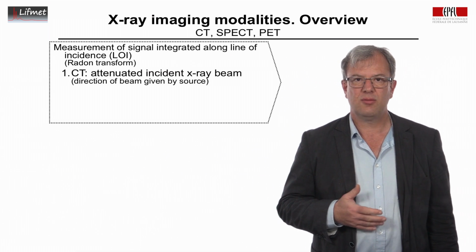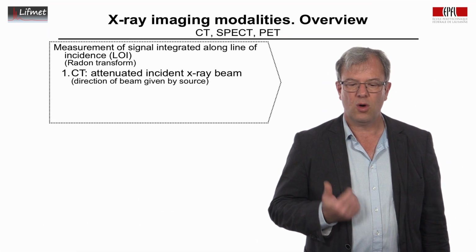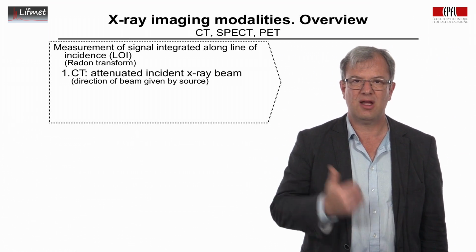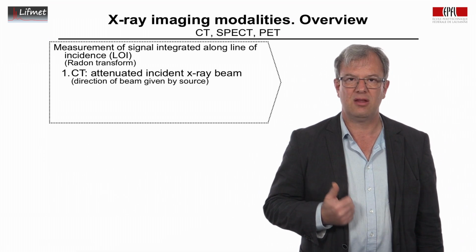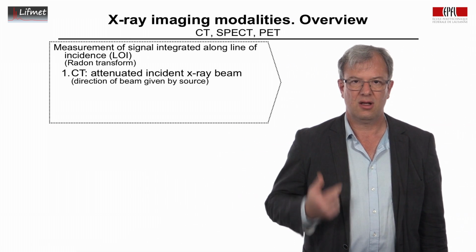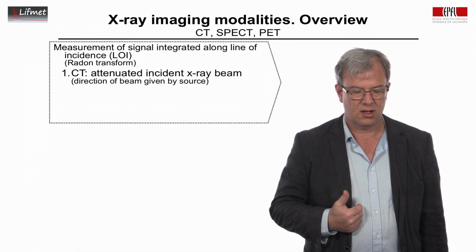In computed tomography, it's the attenuated incident X-ray beam. What is important to define the Radon transform is that we have the directionality of the X-ray. So the direction of the beam is given by the X-ray source and detector location, which defines the directionality of the photon.